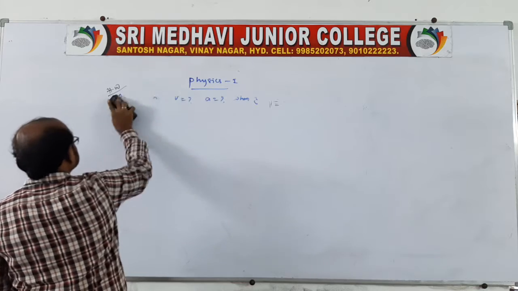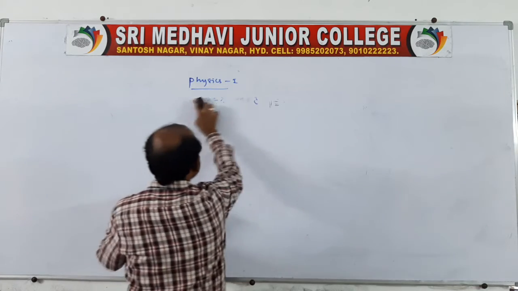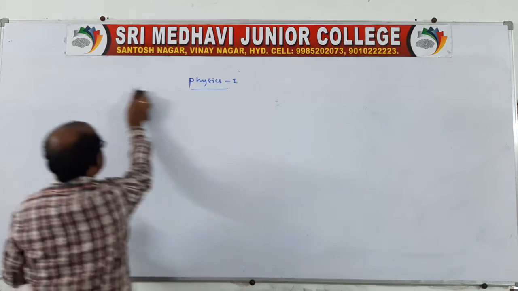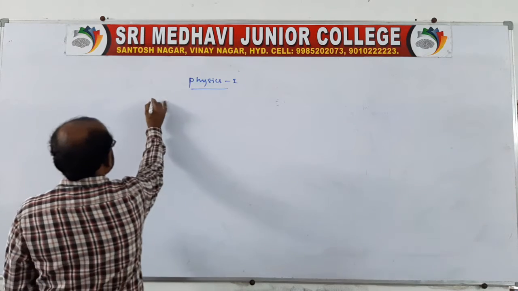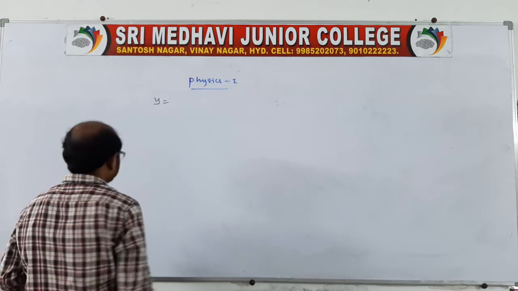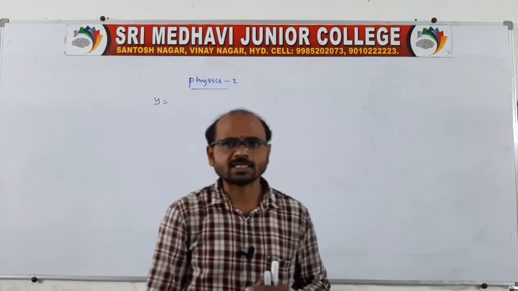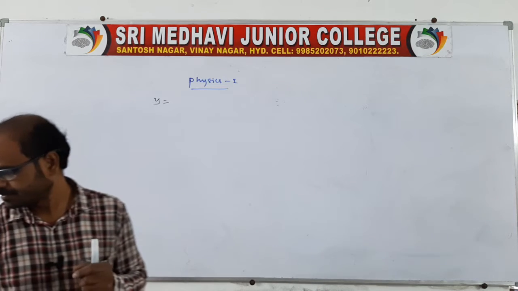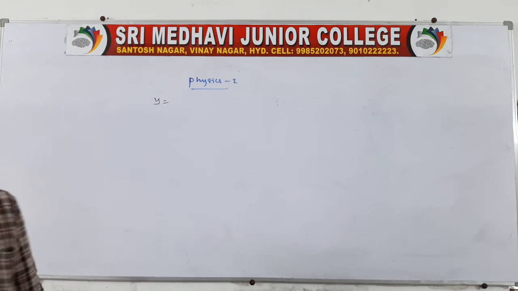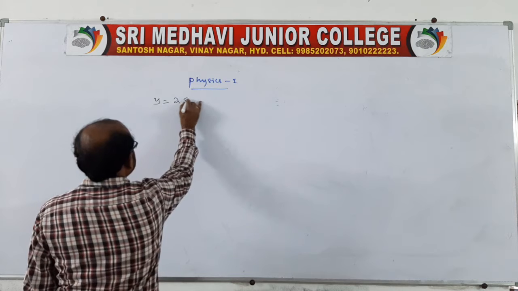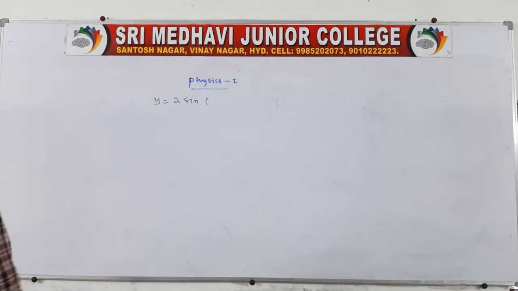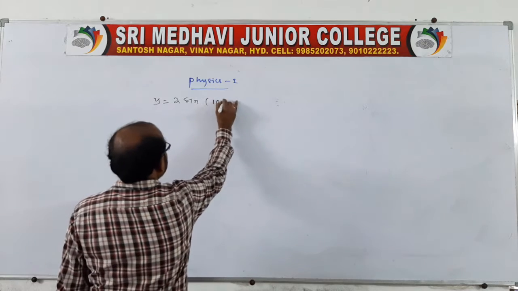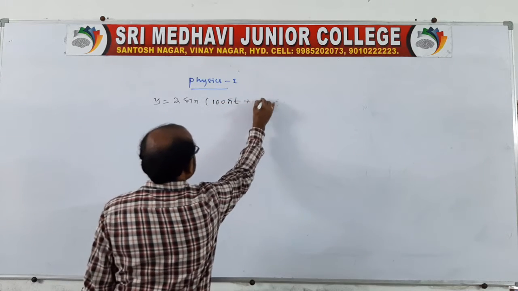And there is another question. See, now the question is given like this. The displacement of a particle executing SHM is given by y is equal to 2 sin of 100 pi t plus pi by 4.